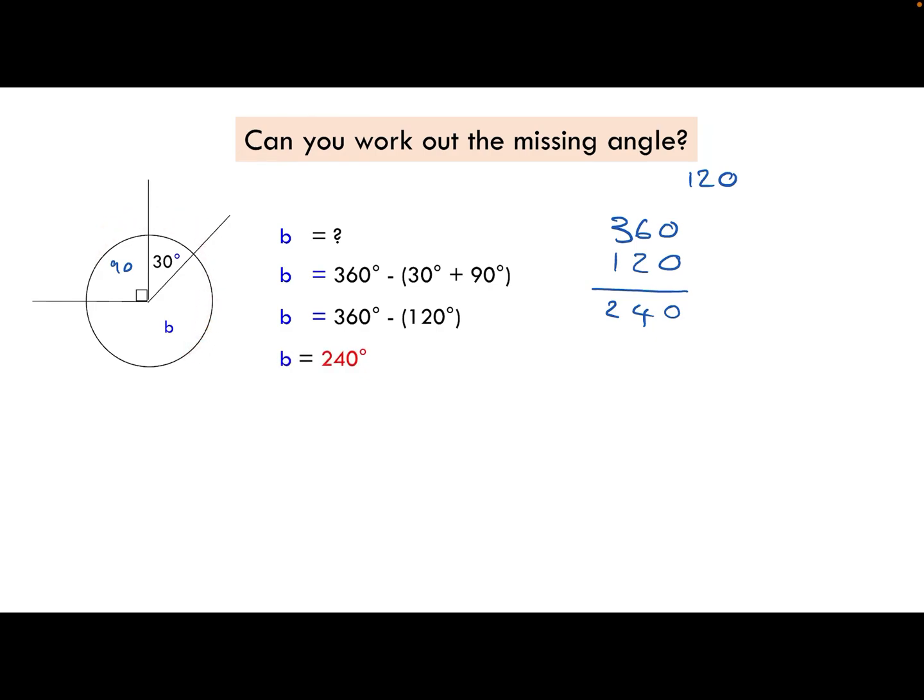I know if that went to there, it would be 180. So I can sort of estimate that this is roughly correct because it's about halfway over. It's halfway between the next 90 and this 180. So 270 and 180, somewhere in the middle of those two numbers.